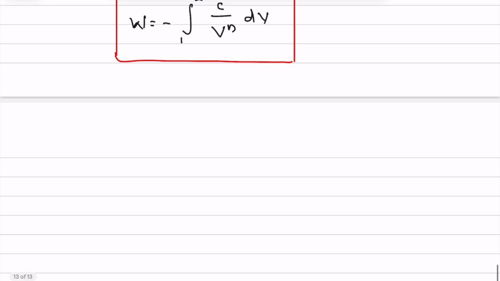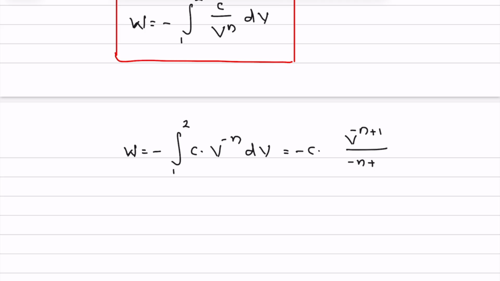We can say work done is equal to minus integral 1 to 2 of C into V to the power of minus n dV, that is equal to, as the integral of x to the power of n is x to the power of n plus 1 by n plus 1, minus C into V to the power of minus n plus 1 divided by minus n plus 1, under the boundaries 1 to 2. Rather, we can say V1 to V2.